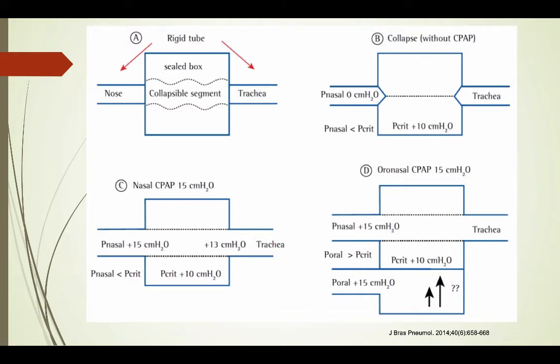And this is what you need to understand: when you're delivering PAP therapy to an OSA patient, there is a clinical difference in choosing a nasal mask versus an oronasal mask. Nasal mask and nasal pillows almost have the same mechanism of action, delivering the PAP therapy via the nasal route, but the oronasal mask is quite different because it delivers the pressure via the nasal route and the oral route via the mouth to open the collapsible segment.